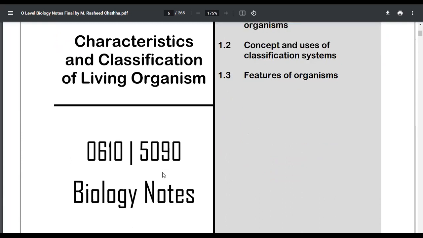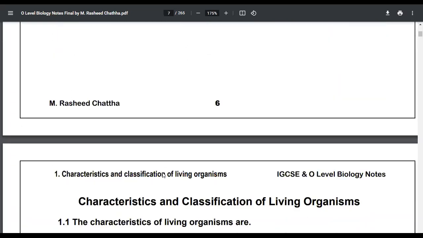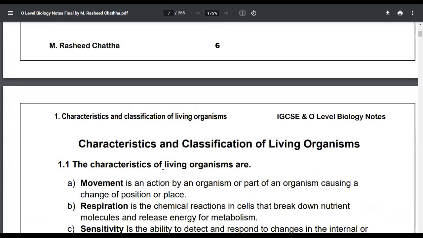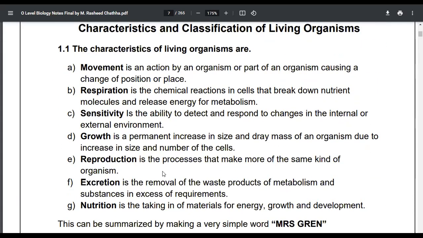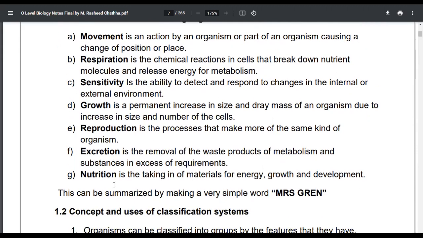But they can be memorized by writing a simple word, that is Mrs. Gren, and it can be explained: M for movement, R for respiration, S for sensitivity, G for growth, R for reproduction, E for excretion, and N for nutrition. And if we say A for adaptation, and if you want to add some more, maybe homeostasis, H. So H is homeostasis. Now we can define these one by one.